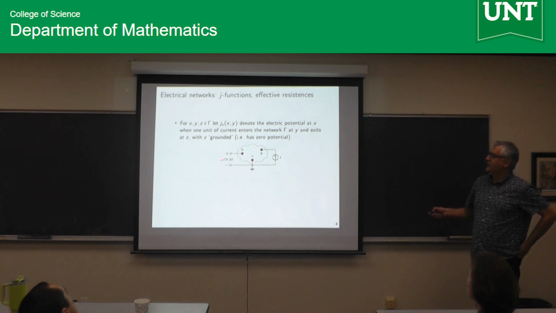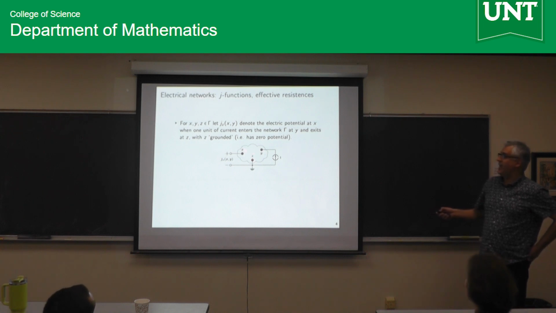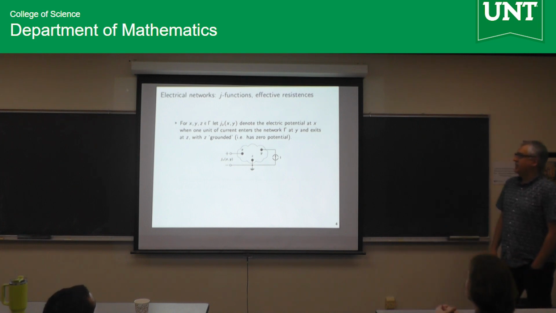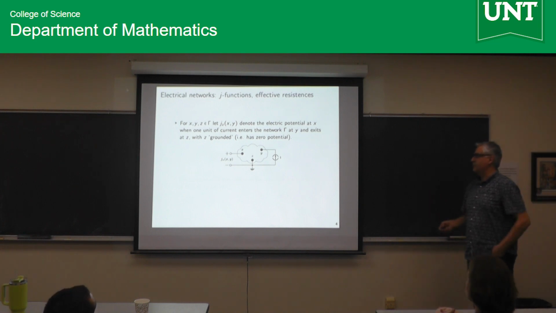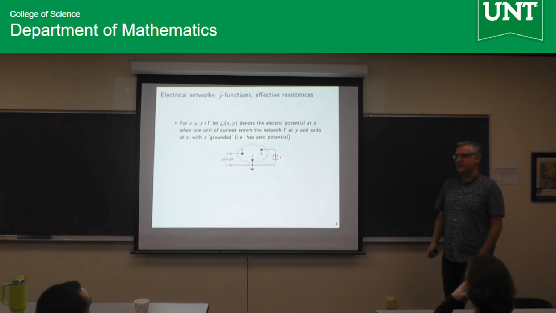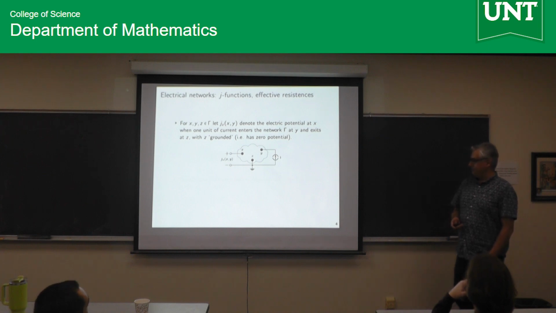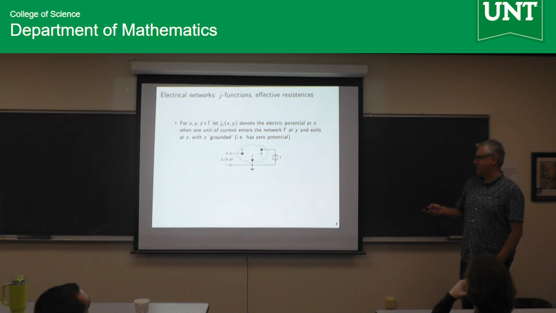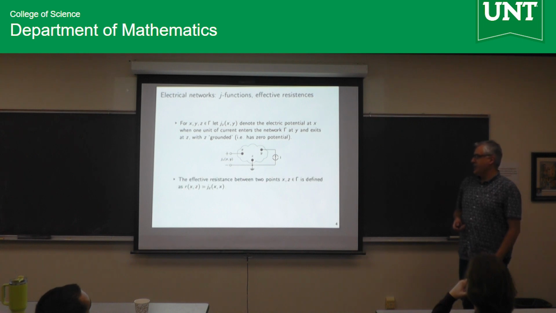So in this way, I get a function in 3 variables. Y and Z were my endpoints of the battery connected, and X is the one that I'm computing the potential at. This is obviously a very important function. It's the key to solving electrical network problems. It's a potential function. I can say in many fancy words, but this is the key to solving the Poisson equation in particular.